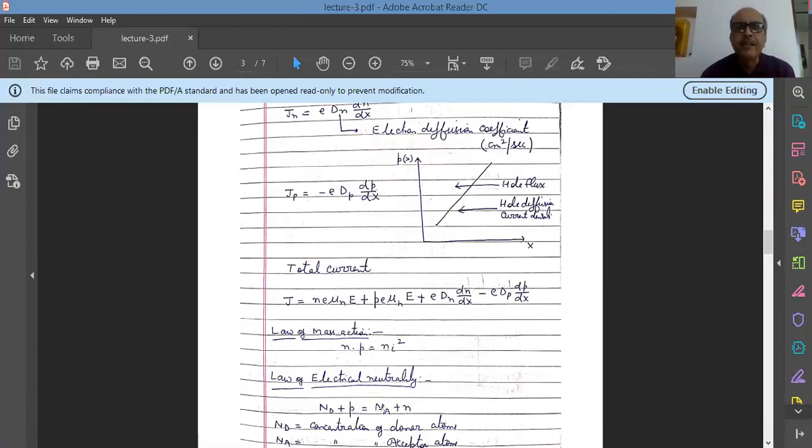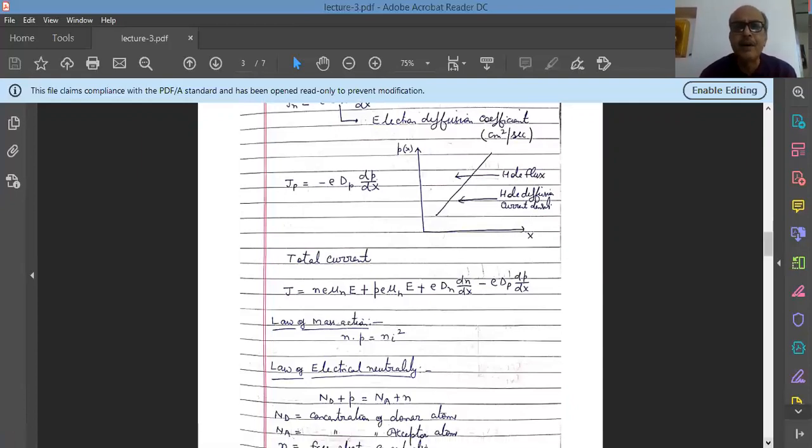If we are given the donor concentration and acceptor concentration, we can find out the electron and hole concentration in a semiconductor. And once we know the electron and hole concentration, we can find out the information about the conductivity and also the position of the Fermi level as discussed in the last lecture.